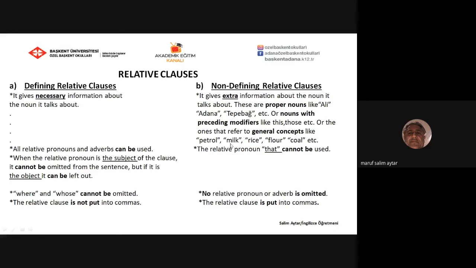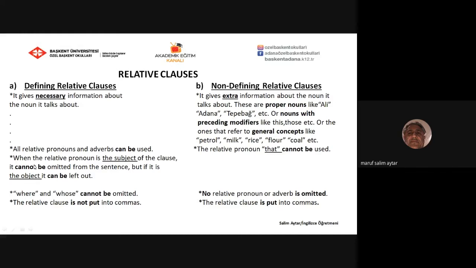When I think of milk, immediately the very first thing that comes into my mind is a white substance cows produce, and which is usually very healthy and helps especially babies to grow up in a healthy way. So rice, flour, coal, they are general concepts. They don't need definitions actually, okay?